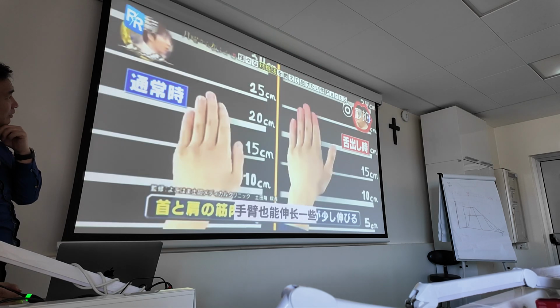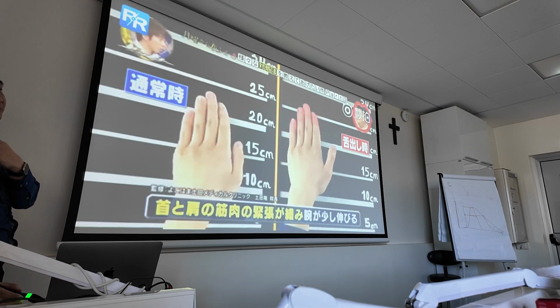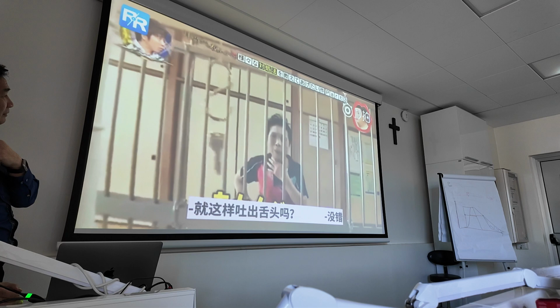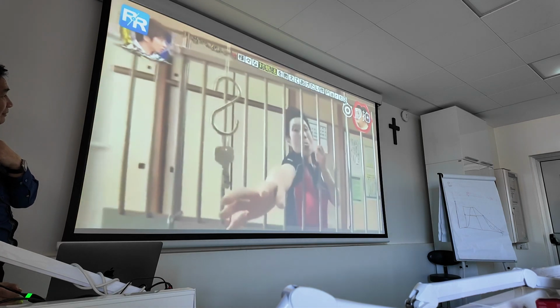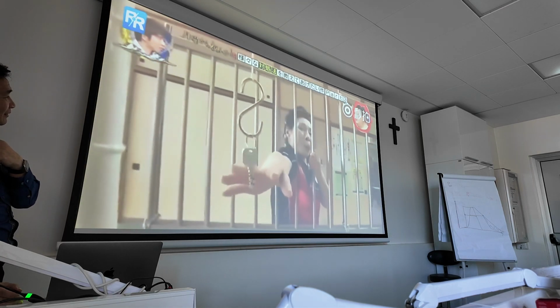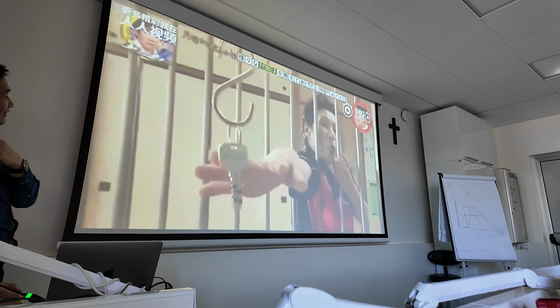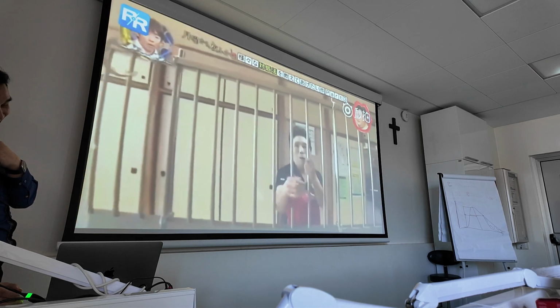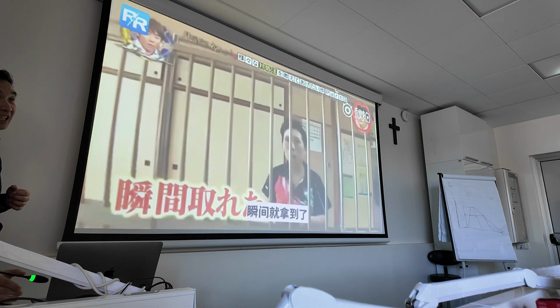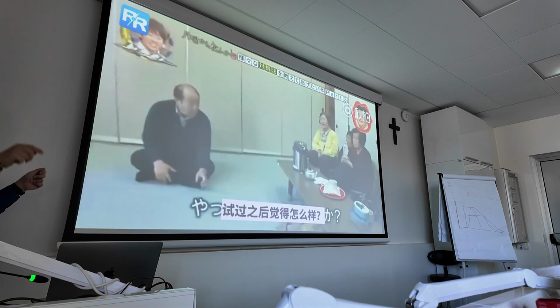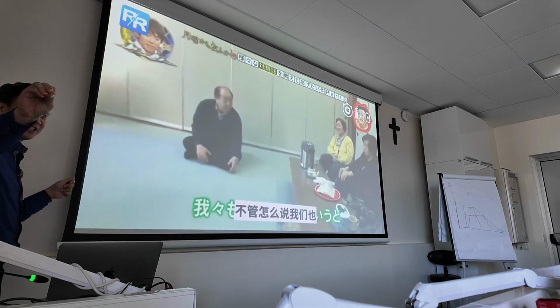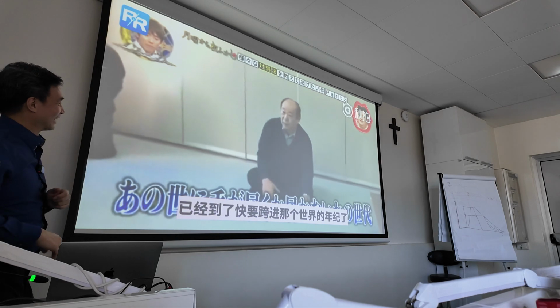If you stick your tongue out, you get more extension. The next time when you are at the car park, you can't reach the ticketing machine, stick your tongue out. You'll get that.